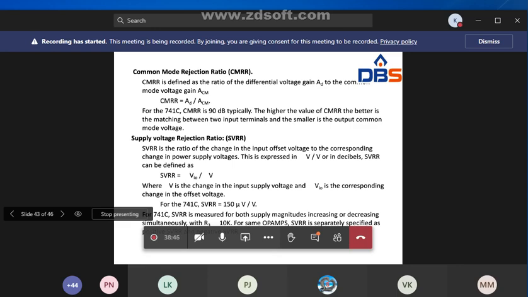Next is supply voltage rejection ratio, SVRR or PSRR, power supply rejection ratio.